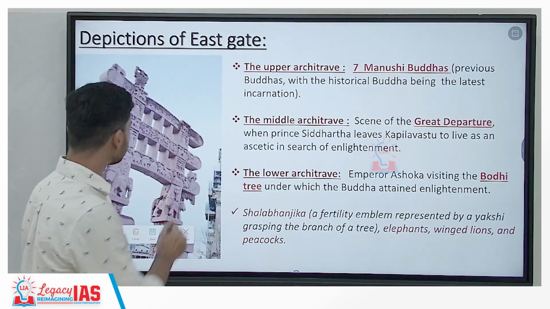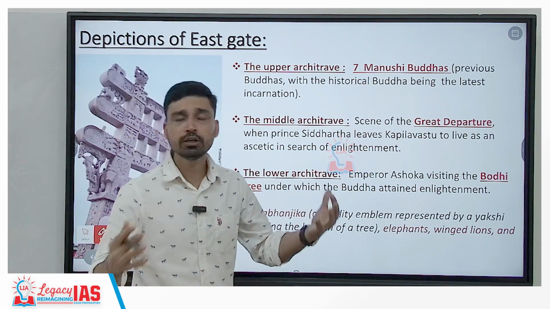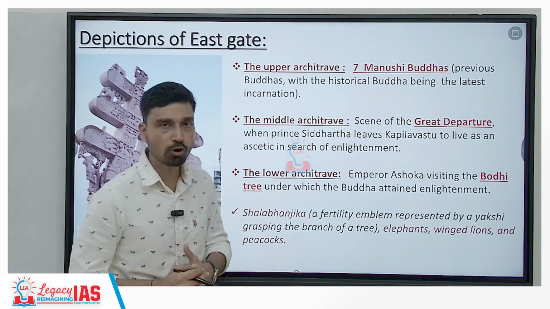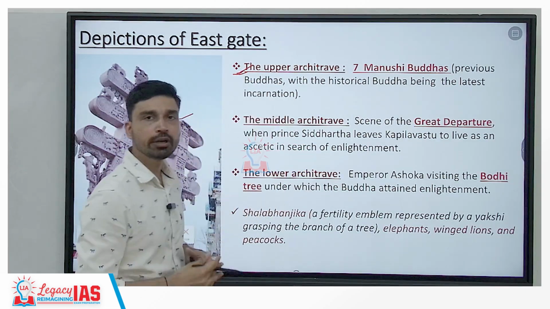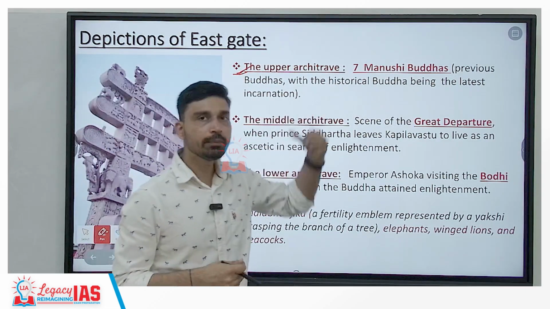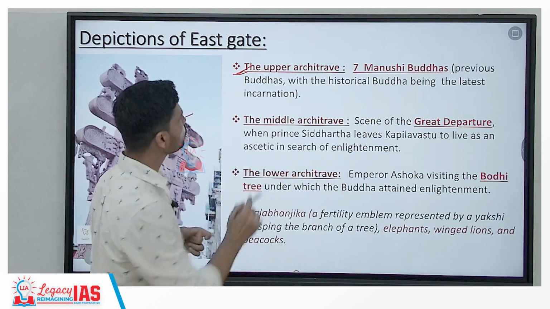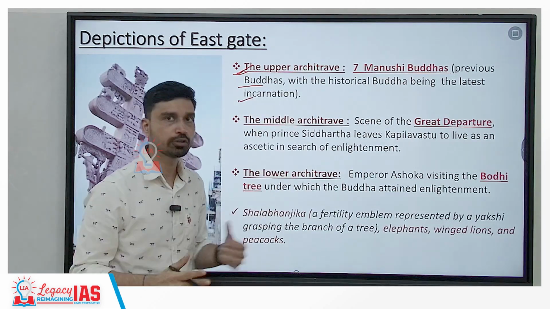Now, let us try to understand this gate in slightly more detail. As we have discussed, each gate of the stupa is made up of two pillars supporting three different beams or architraves. If you talk about the first architrave, or the upper architrave of the east gate, it depicts 7 Manusya Buddhas. Manusya Buddha refers to the previous Buddhas, with the historical Buddha being the latest incarnation.